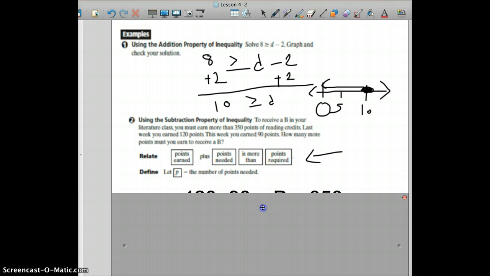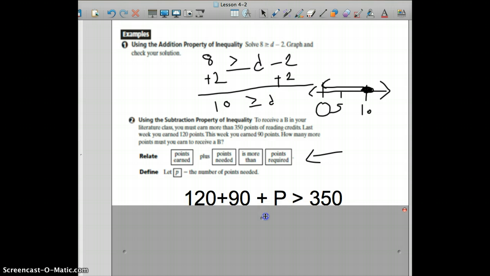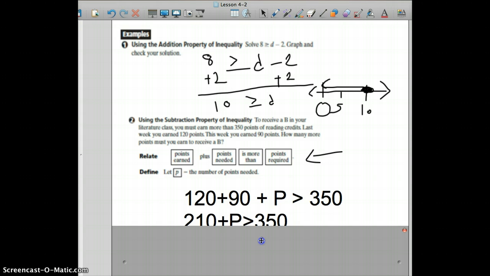So if we look at our inequality here, here's the points we've already earned, 120 plus 90. We're going to add that to whatever we earn next week, and that must be greater than the 350. I'm going to simplify that expression and combine the 120 and the 90, and I get 210 plus P is greater than 350.